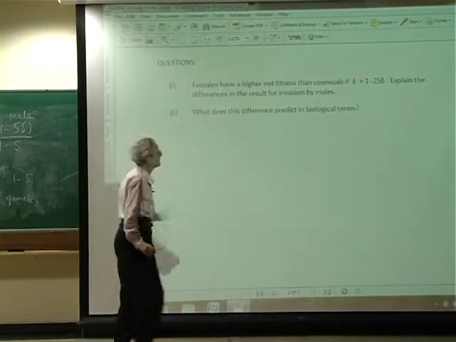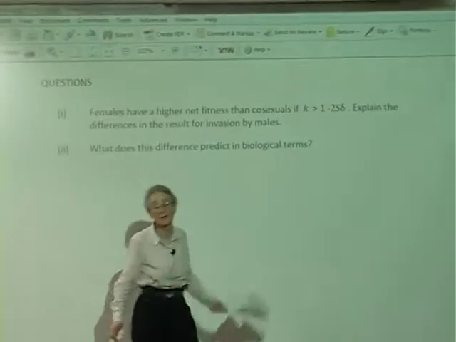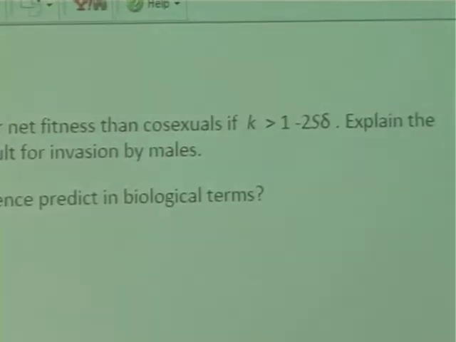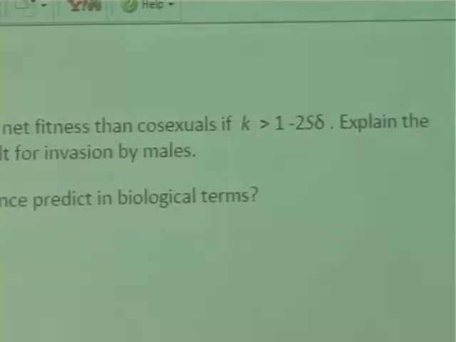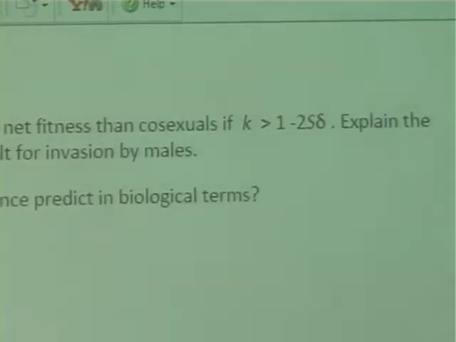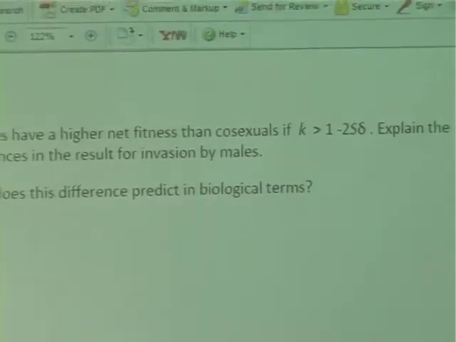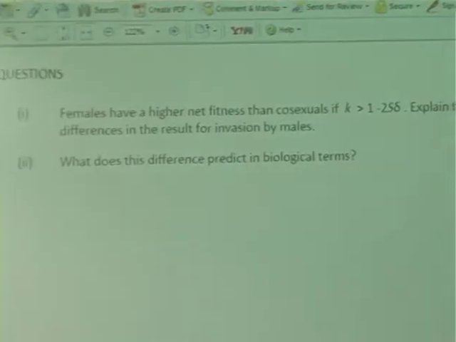What happens if S is 0, we have complete outcrossing? Yeah. It's not a trick question. It's very, very simple. Yeah, what do you get then for little k?